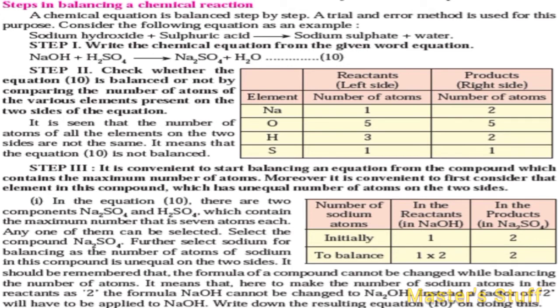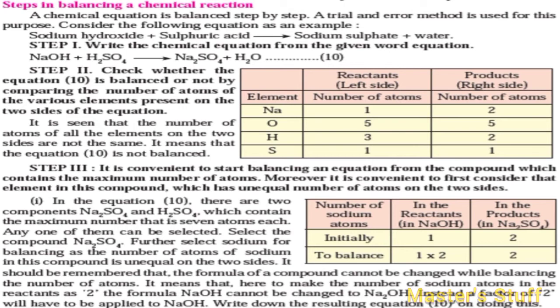It should be remembered that the formula of the compound cannot be changed while balancing the number of atoms. It means that here, to make the number of sodium atoms in the reactants 2, the formula NaOH cannot be changed to Na2OH.